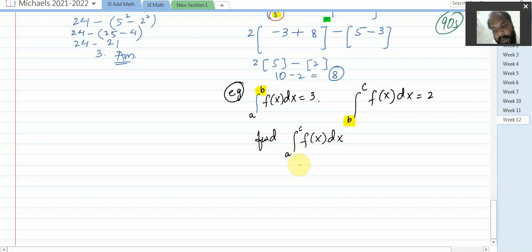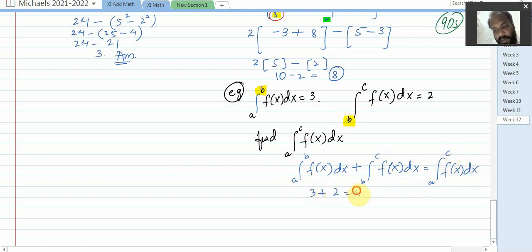So from a to c, I can say that first we need to find from a to b f of x dx, and then from b to c f of x dx. So basically that is equivalent to a to c f of x dx. So it's 3 plus 2 leads to 5, and that is the concept we have used in the previous question. I hope that it is clear to you now.